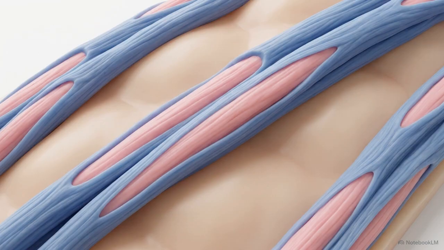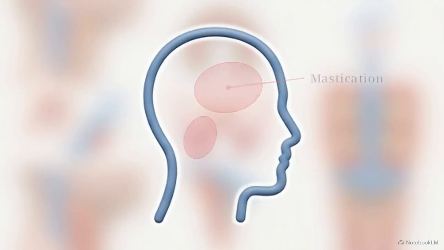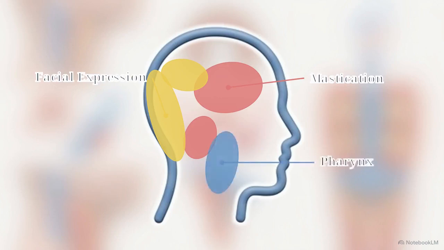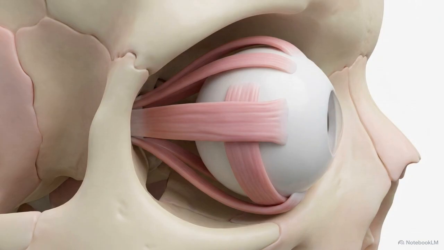For the musculature in this region, a general rule applies. Myoblasts derived from unsegmented paraaxial mesoderm and the precordial plate migrate into the arches. These cells eventually form the muscles of mastication, facial expression, the pharynx, and the larynx. The extrinsic muscles of the eye bypass this system entirely. They derive from mesenchymal cells near the precordial plate, specifically from 3 preotic myotomes.